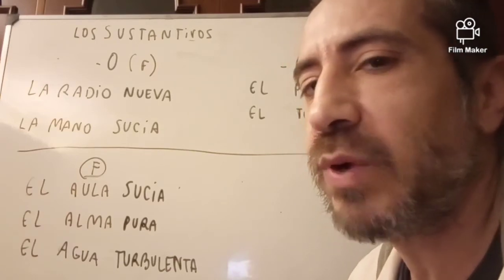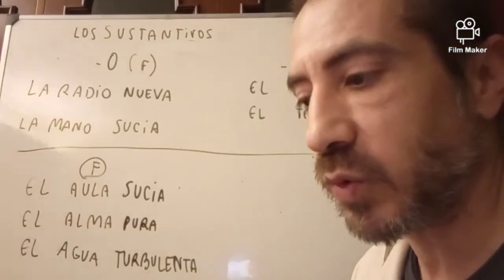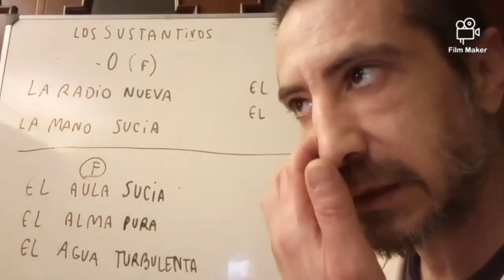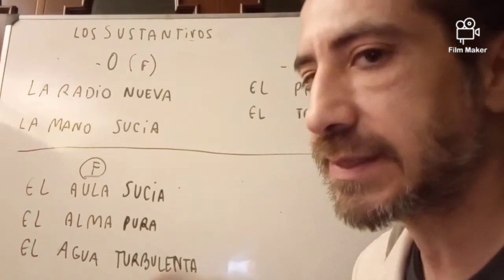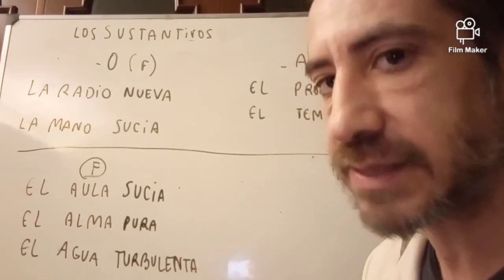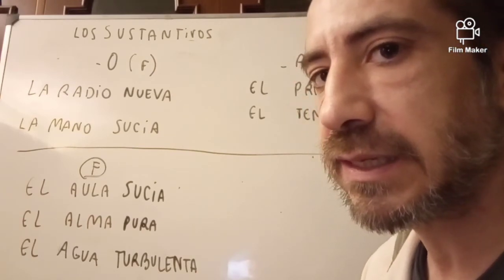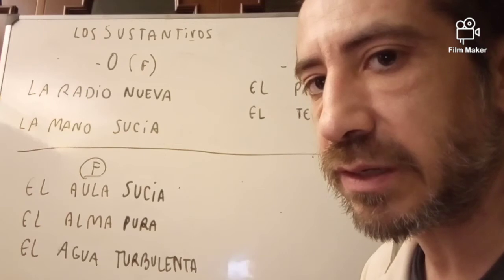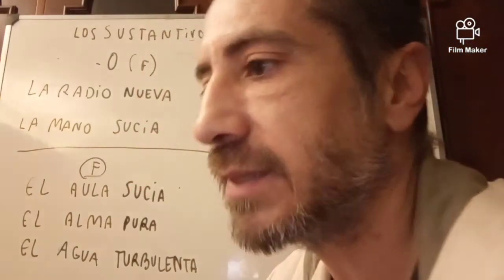And the plural doesn't change. It's un tórax, dos tórax. El clímax, los clímax. So the word stays the same in the singular and the plural form, and those words are all masculine. We don't have any feminine words ending with X.